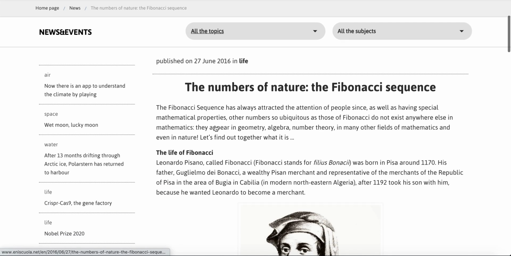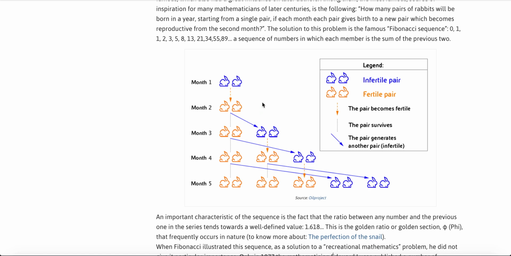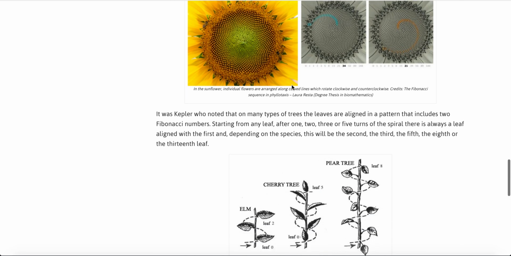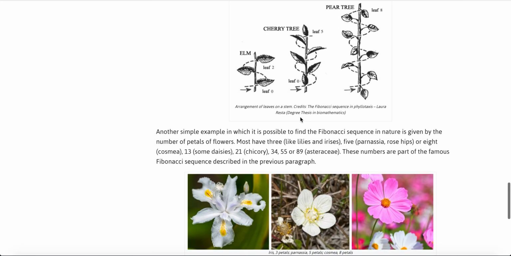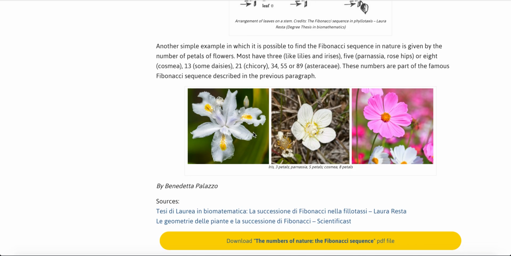I found a few other interesting things in nature. I think the fertile and infertile periods follow the Fibonacci sequence. And the leaves of the elm, cherry, and pear tree too. Those are a few interesting facts.